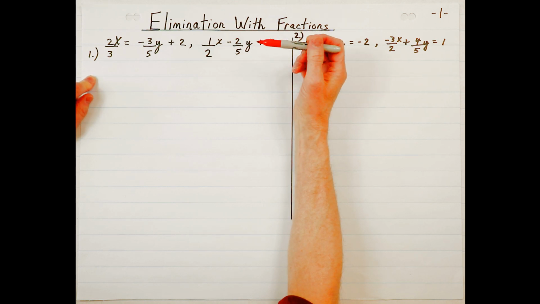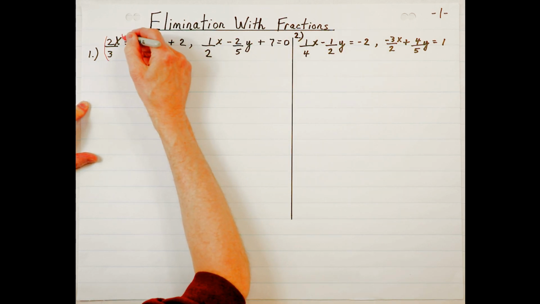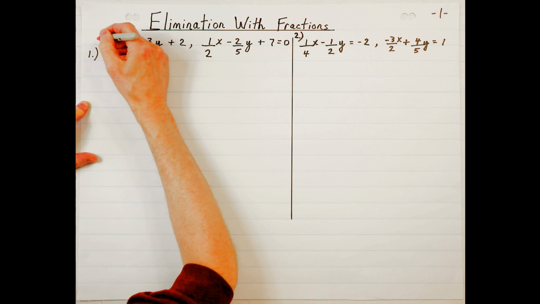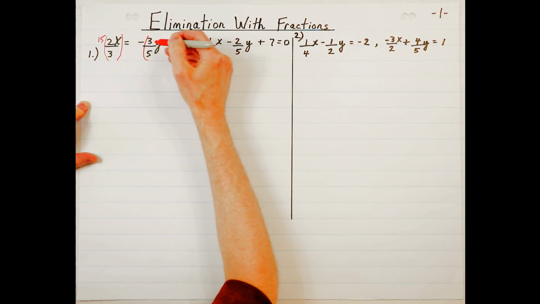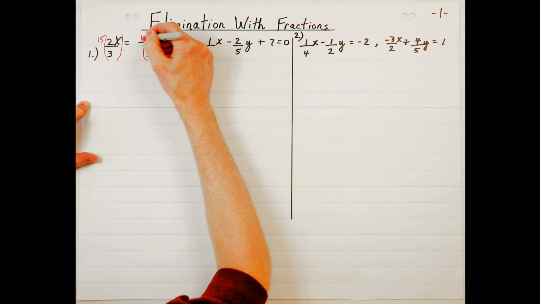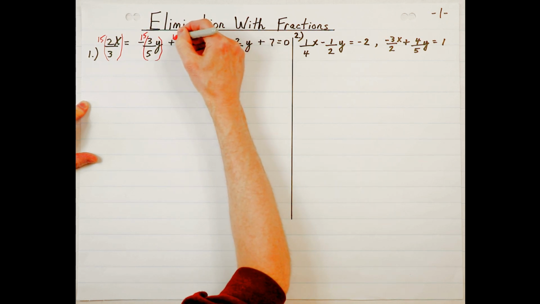Okay, so the first thing we're going to do is multiply by the LCD. And the LCD is 15. And this gets multiplied by 15. And this one as well.